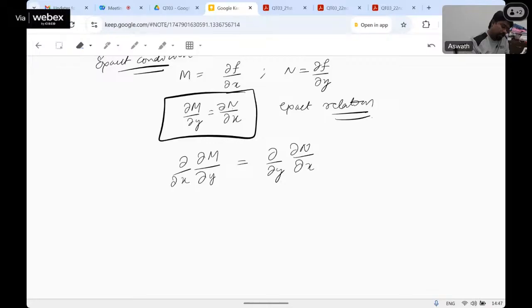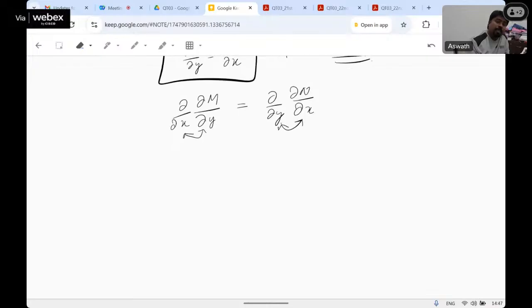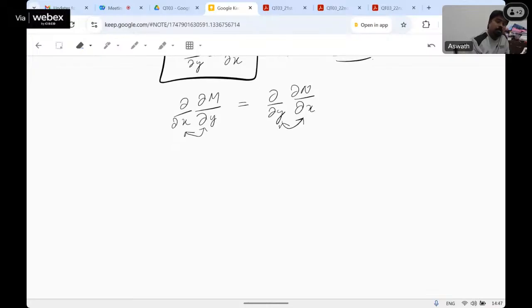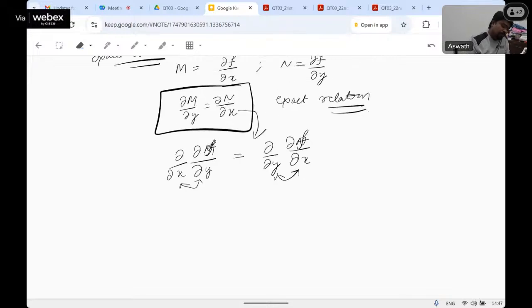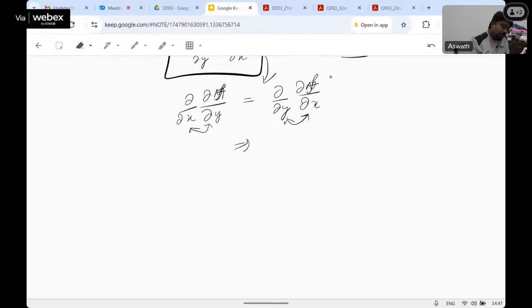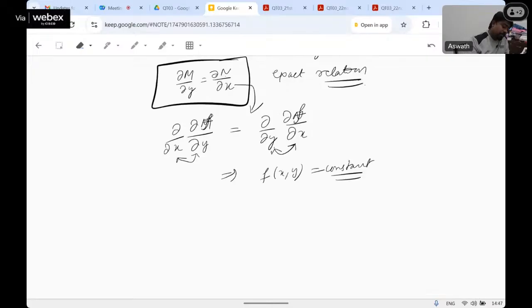I can just interchange the derivatives, it doesn't matter. I can show that if this is whole squared. So what it implies is that f is actually a constant function.